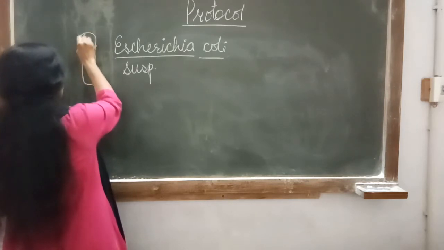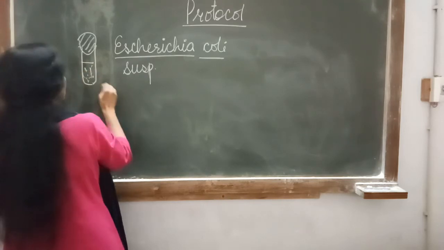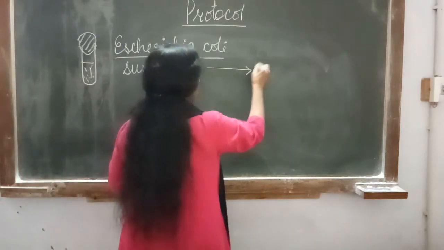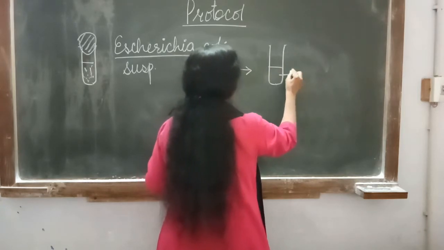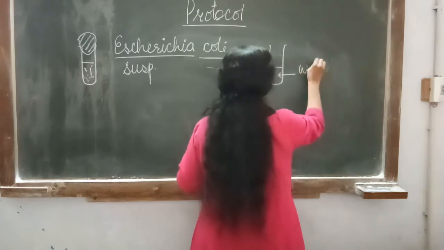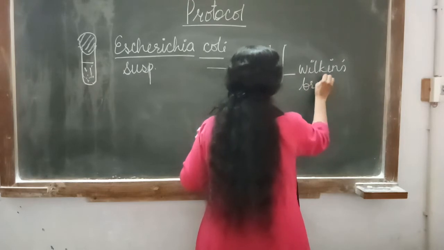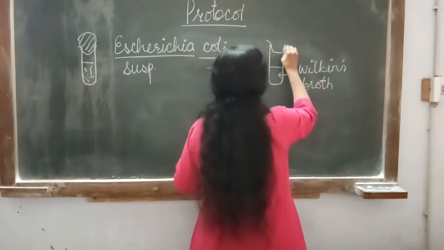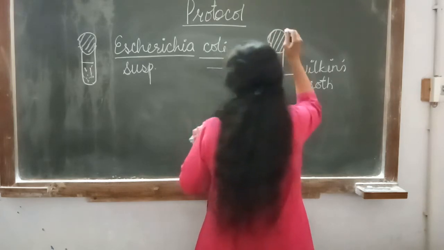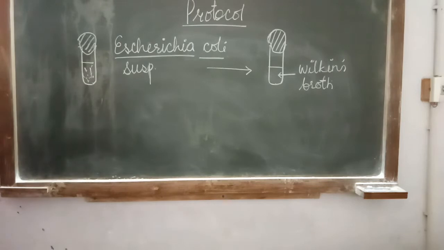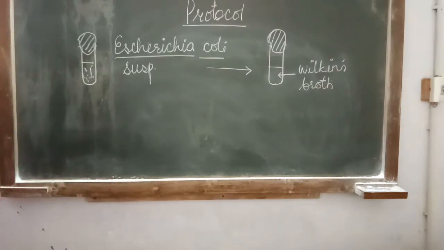and we will add it in the Wilkins growth, which is liquid media and having light green color.